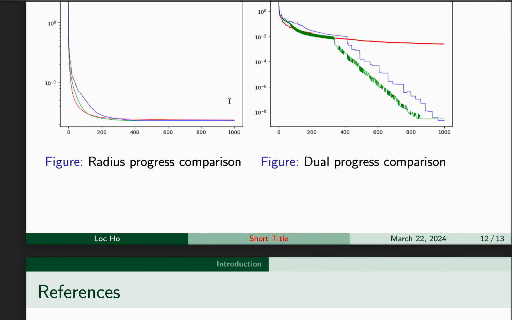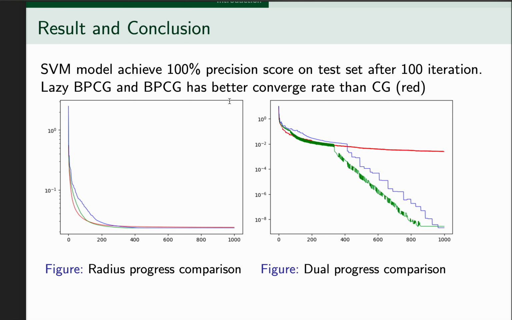This slide shows the primal progress of three variants of conditional gradients to train the SVMs. Red is conditional gradient, green is the lazy blended conditional gradient, and blue is the non-lazy blended conditional gradient.